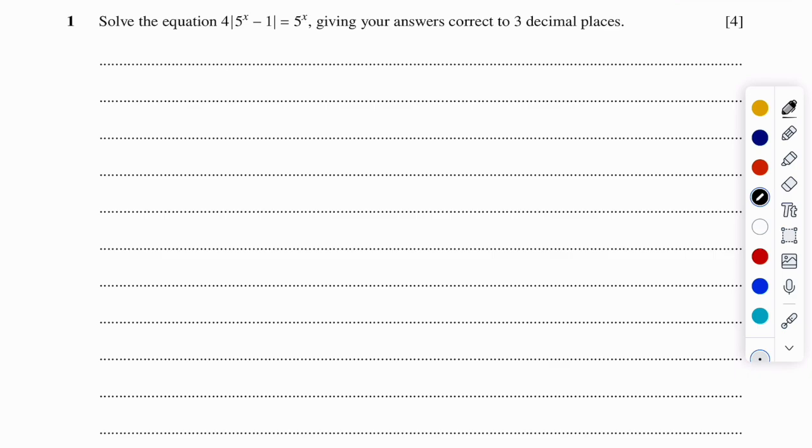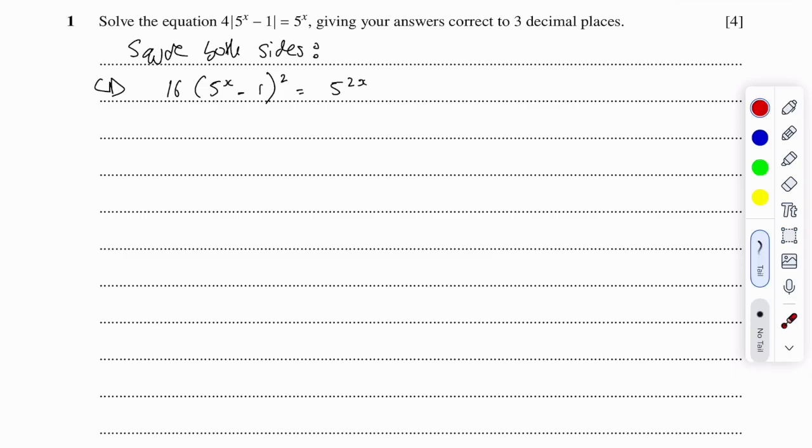And so what we have to do is square both sides. And if we square both sides here, what we get is 16 times (5 to the x minus 1) squared is equal to 5 to the 2x.